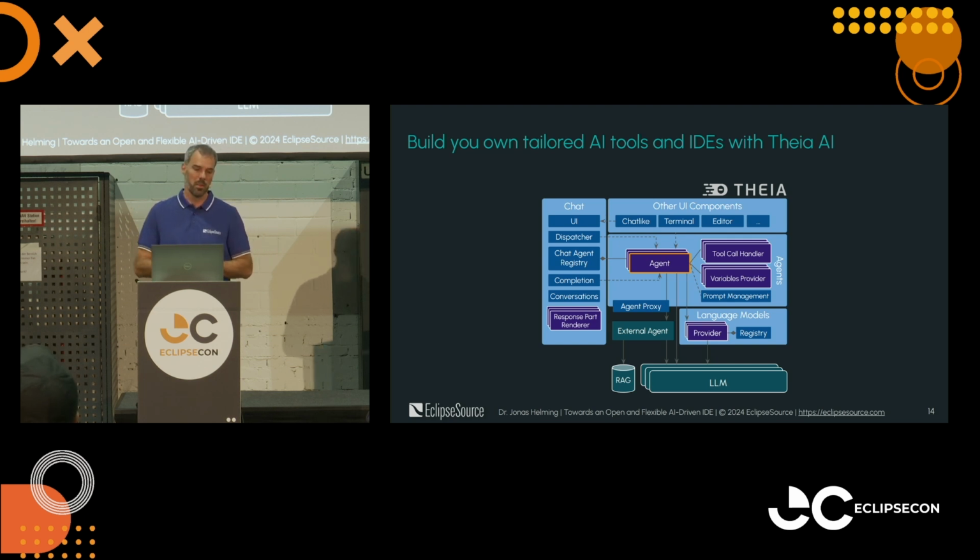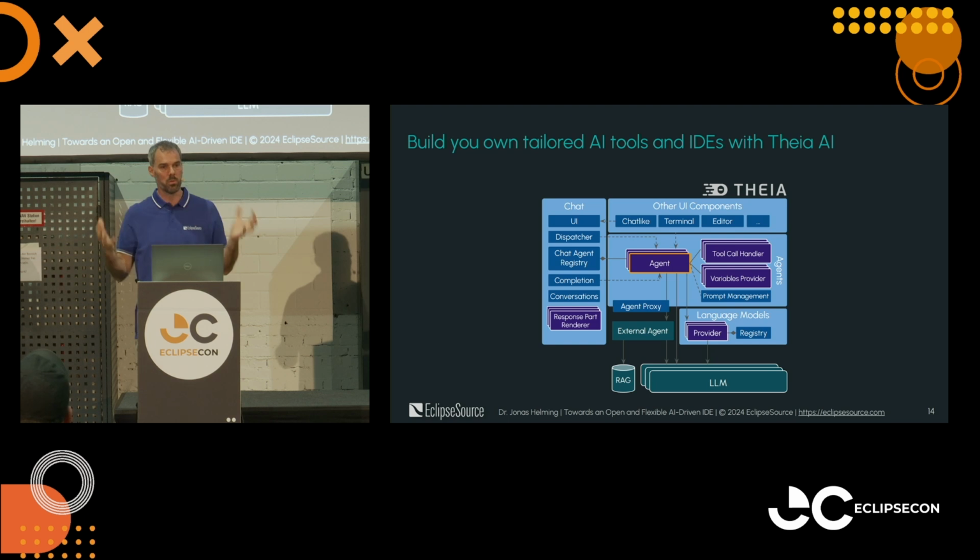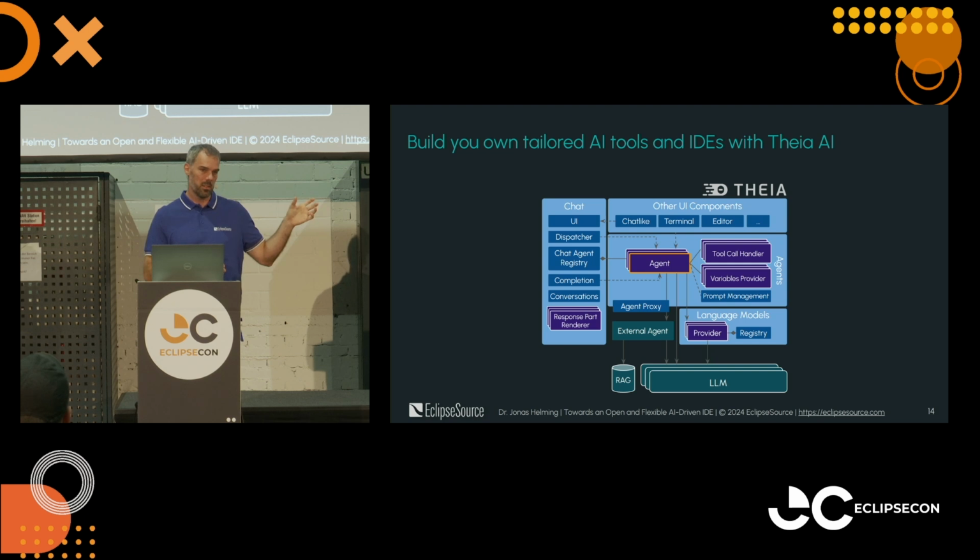And what's nice about this framework, it's really very flexible. The core thing here are agents, which are the components that wrap the communication to the underlying LLM. Another component is the chat that we have seen that you can optionally use. However, you can also integrate AI into other places than just the chat.